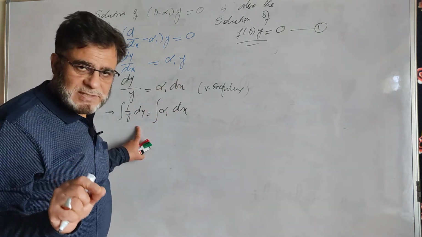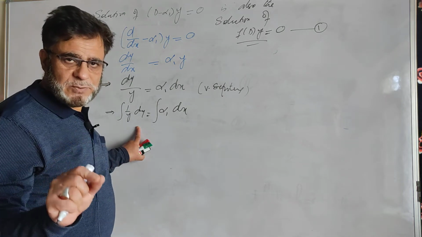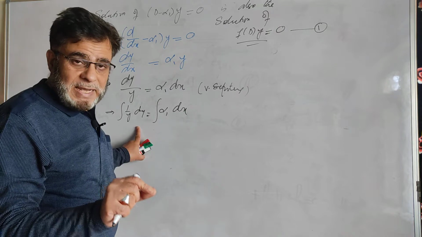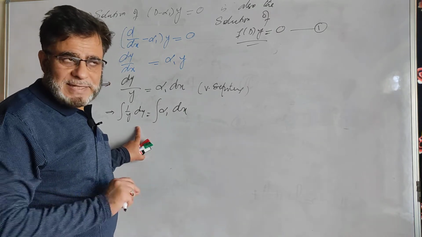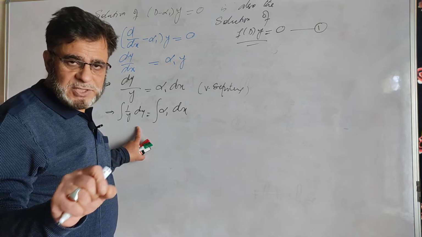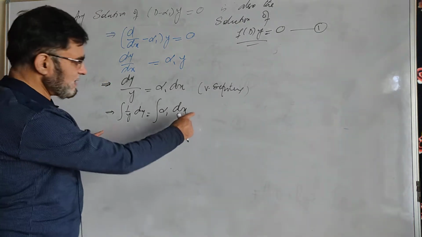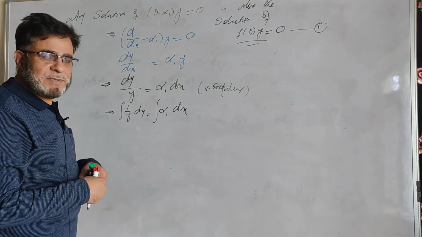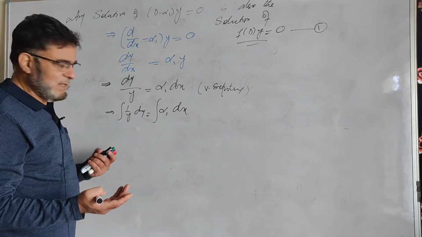In the first theorem we stated if y is equal to y1, y is equal to y2, and so on to y is equal to yn are solutions of f of D y is equal to 0, then the complete general solution is y is equal to c1 e raised to the power alpha 1 x plus c2 e raised to the power alpha 2 x. I could also write c1 here, no problem, as a linear combination of the solutions.